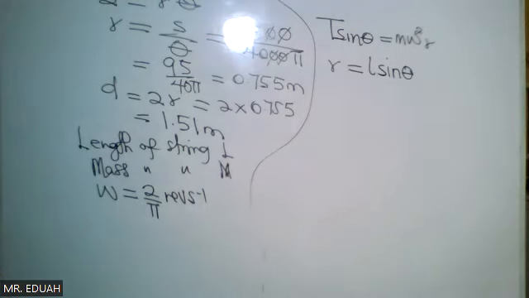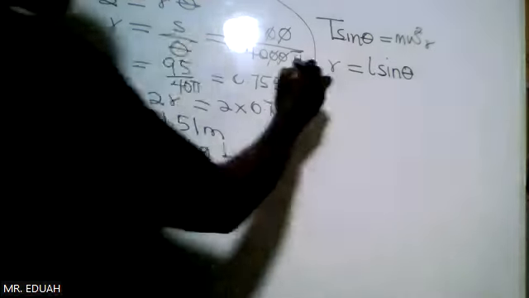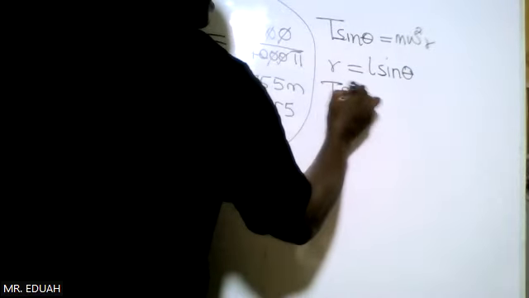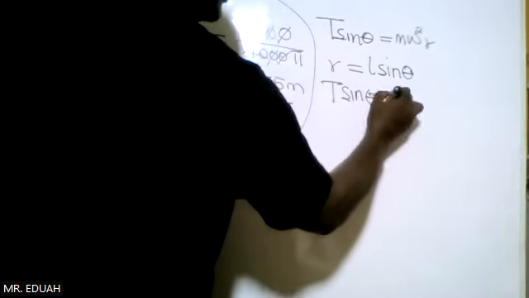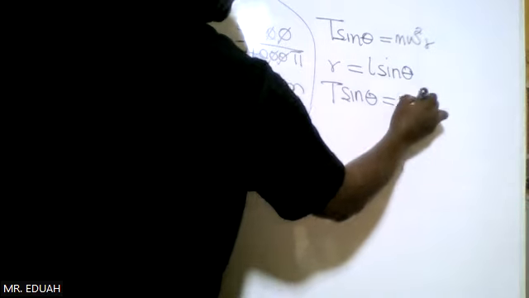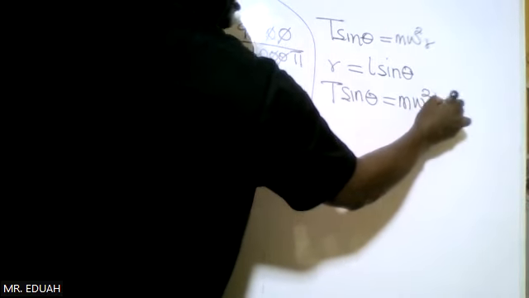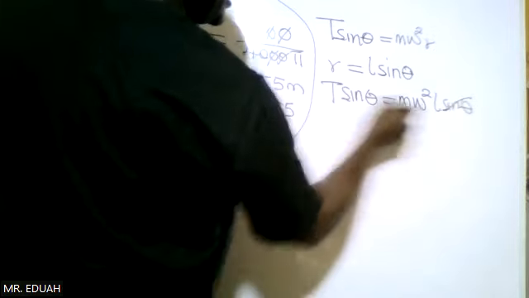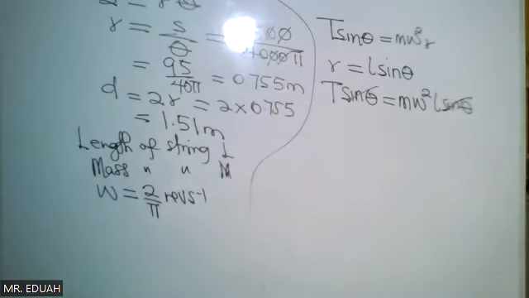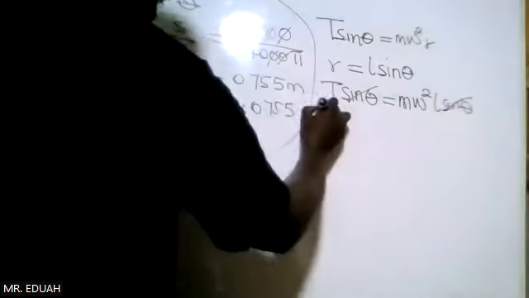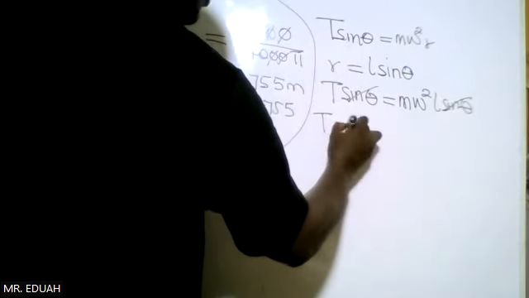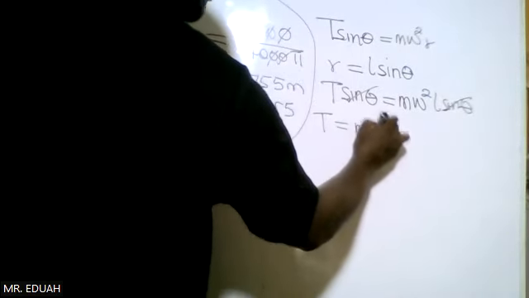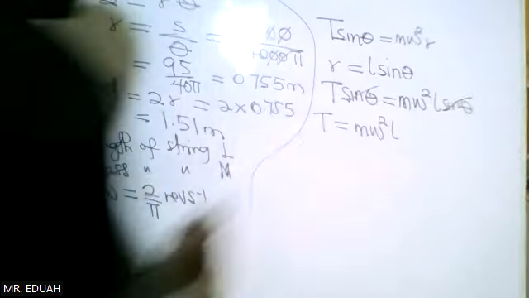If you recall, look at those formulas we derived. So we have T sine theta equal to M omega squared L sine theta. And so sine theta would cancel out. So we have the tension T being equal to M omega squared L.